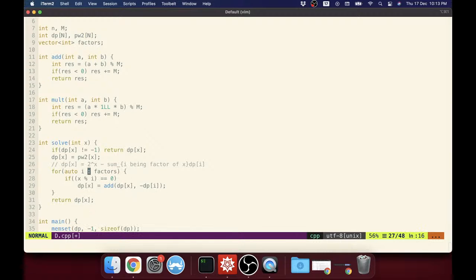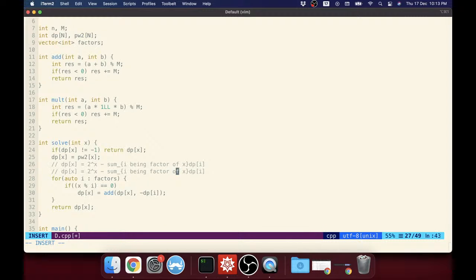So instead of doing this, I loop over the factors of n, not the factors of x, with i being a factor of n, and then I say if i is also a factor of x, which it may or may not be, only then subtract dpi. If it's not, then I'm not subtracting. So basically this will only consider the factors of x, but it will loop over a shorter thing. Line 28 won't take you order x time; instead it is order square root n.